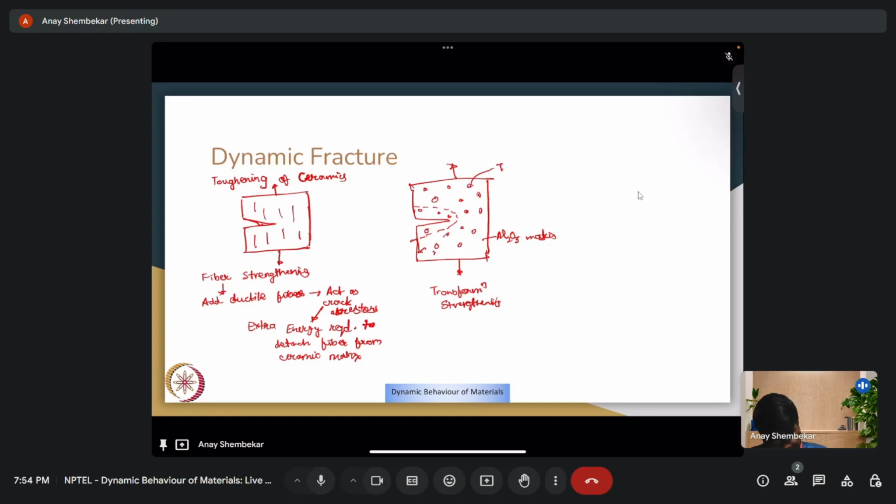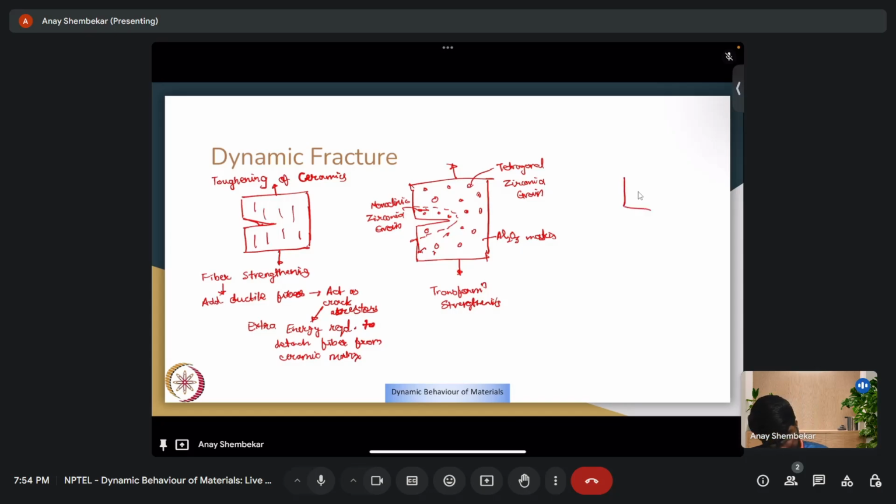So here away from the crack you can have tetragonal zirconia grain, whereas near the crack you have monoclinic zirconia grain. So again some energy is expended in the transformation.